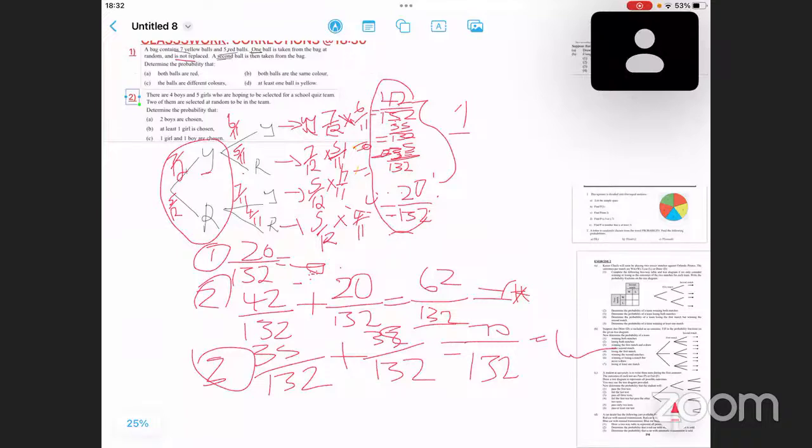Okay, and then the last one out of these, they say at least one ball is yellow. At least one ball is yellow. Now you're going to go to the tree diagram, and then you look at we have yellow and yellow, yellow and red, red and yellow, red and red. Now I'm gonna ask you a question.